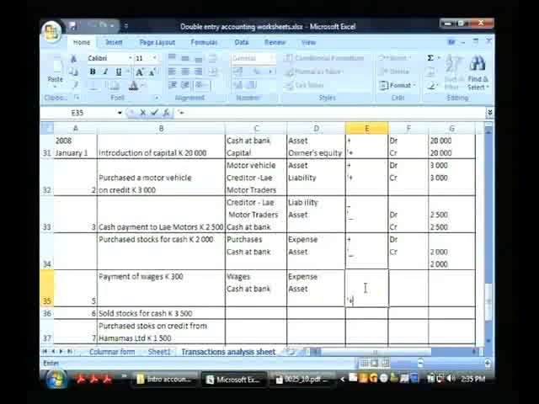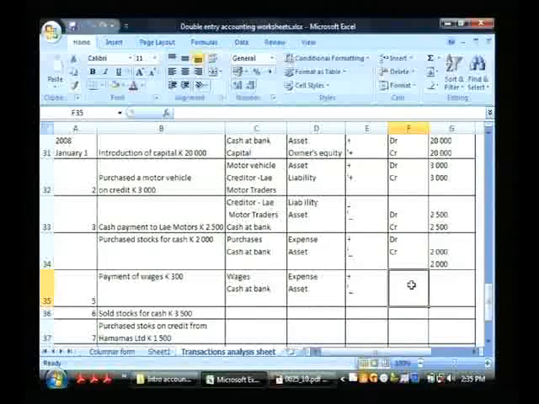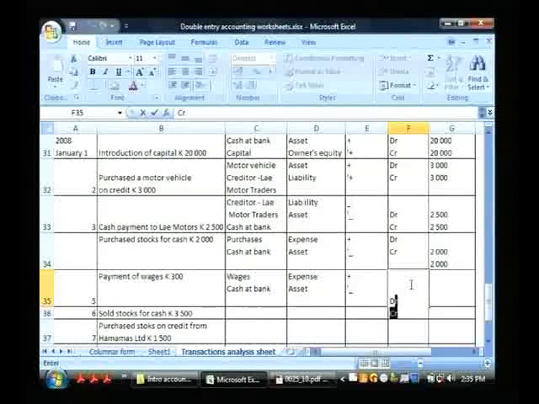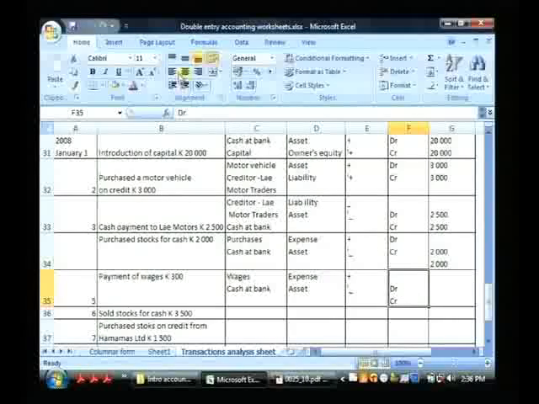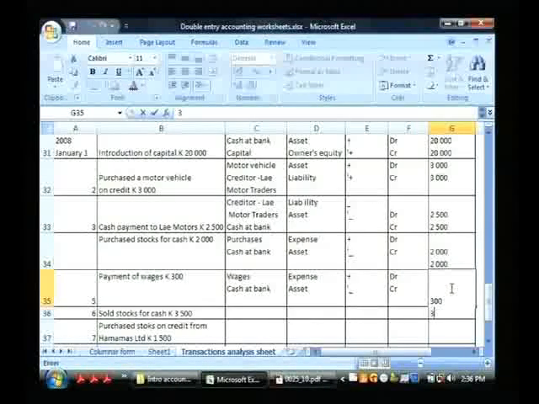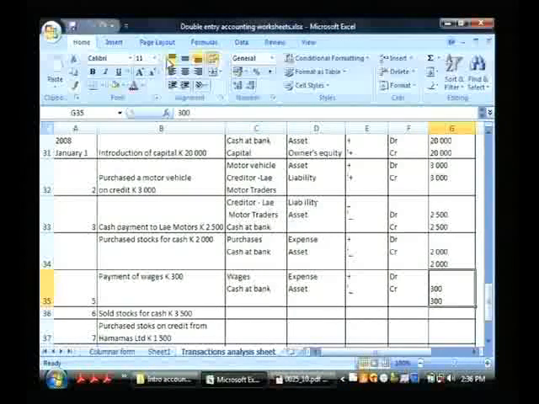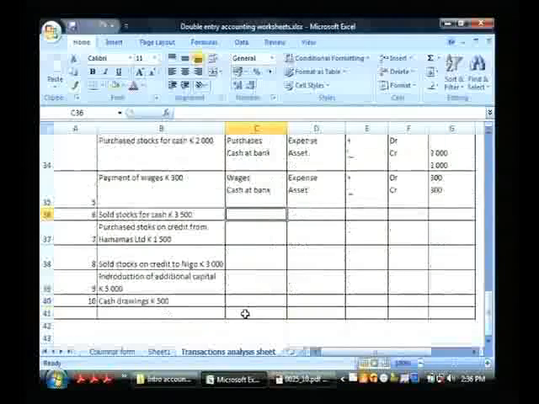Expense increased, asset decreased. Increase of expense debit, decrease of cash credit. Amount is 300 kina. Right, it is done. Next, move on to the next line.